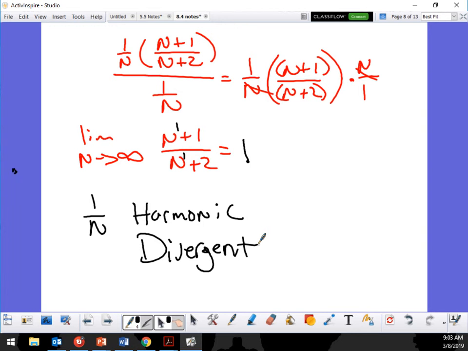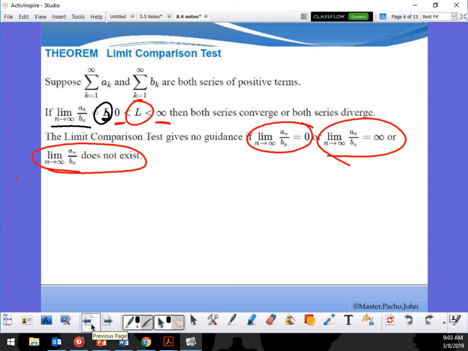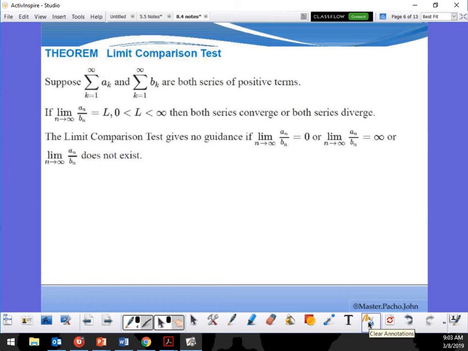So if I'm comparing it to something that's divergent, does the test still stand? Let's see. Okay, the comparison test gives guidance: both series converge or both series diverge.